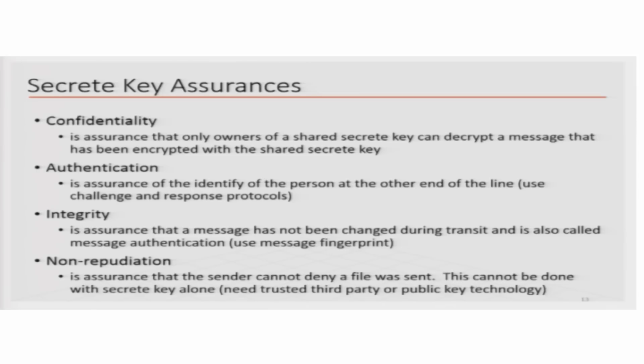So, let us see what the properties of secret key or symmetric key algorithms are. First of all, it assures confidentiality. Which means that if you have already exchanged the key and nobody else has the key, then when you send the cipher text, if somebody reads your cipher text on the way by tapping onto your network, they will not be able to figure out what is being sent, because unless they have the key they cannot decipher.